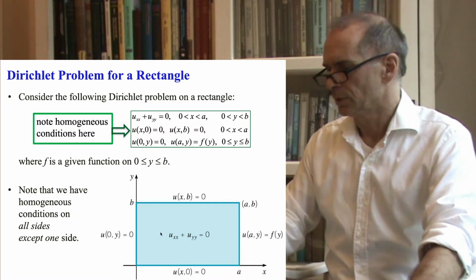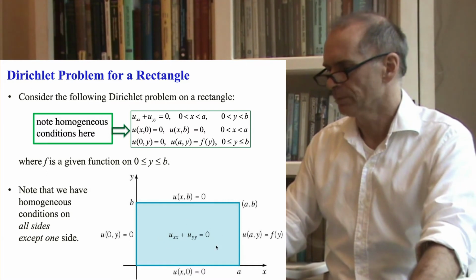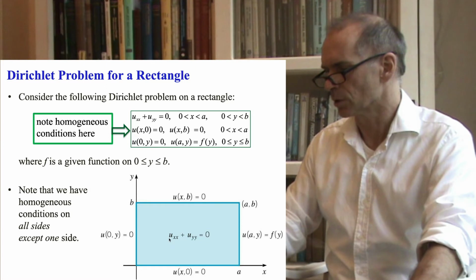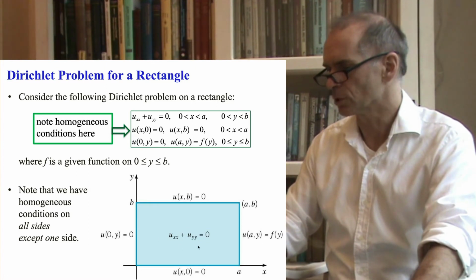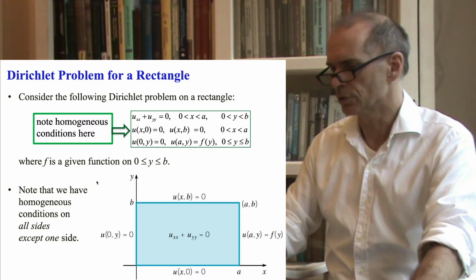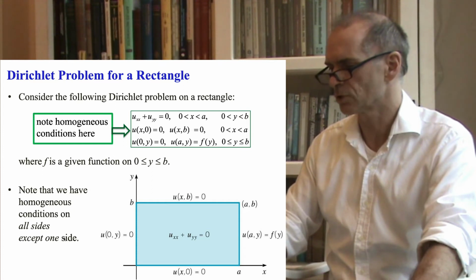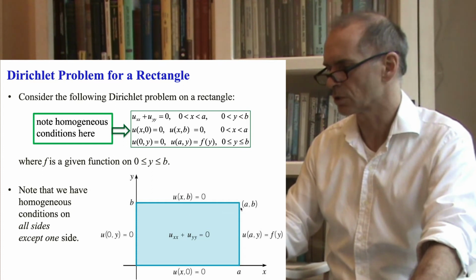So in the interior of a rectangular domain, we look for a function u that obeys Laplace's equation. And then we shall describe homogeneous Dirichlet conditions on all sides except one, and that exception is over here.